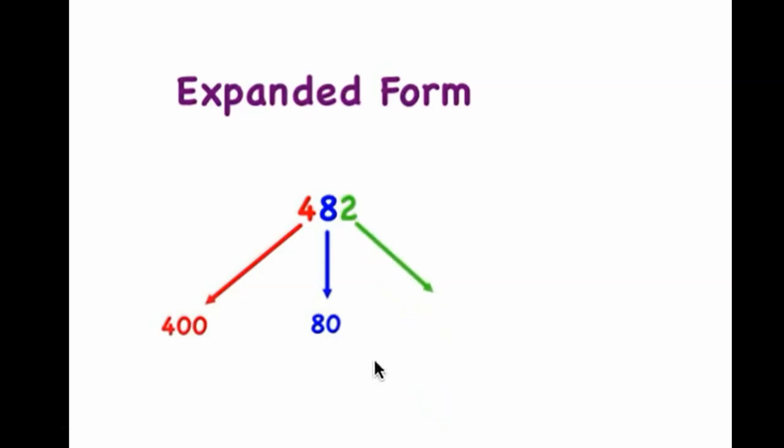Well, we know because we're super smart mathematicians that that 2 in the ones place has a value of 2. So 482 written in expanded form is 400 plus 80 plus 2, which equals 482.